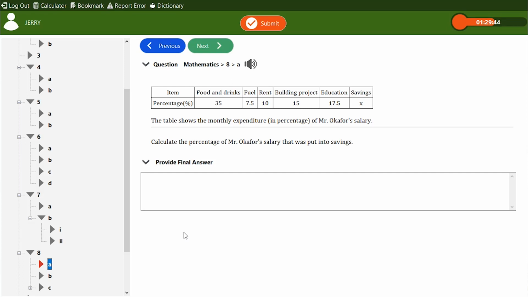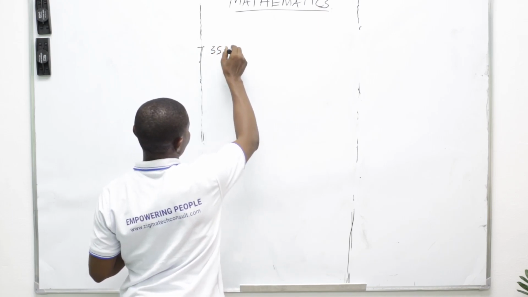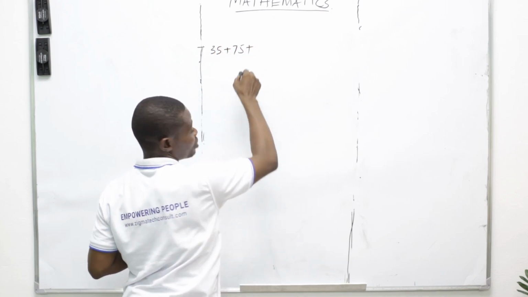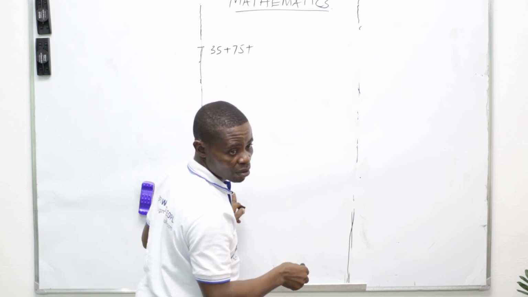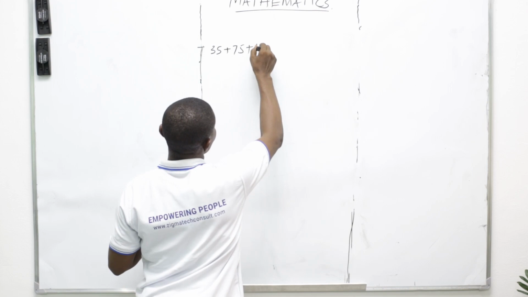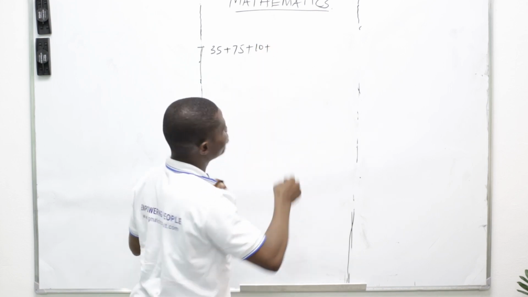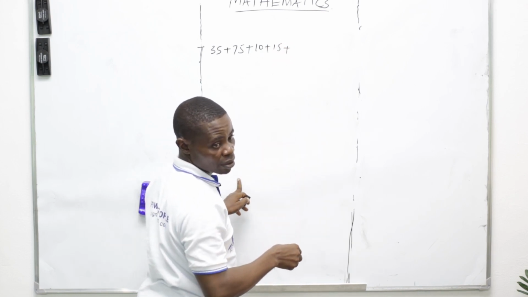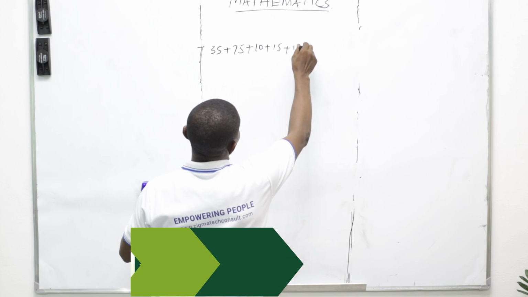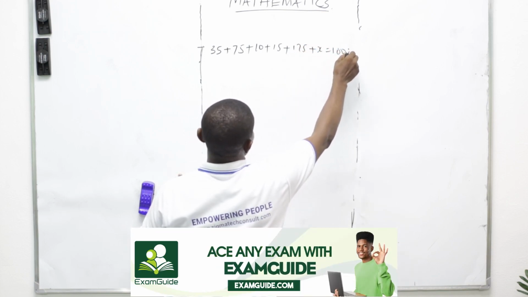Simply put, you just say 35, remember you're dealing with percentage, plus 7.5, plus 10, plus 15, plus 17.5 plus S equals 100%.